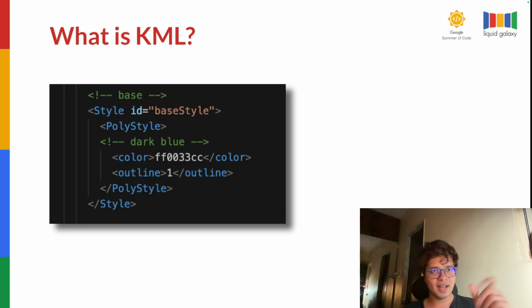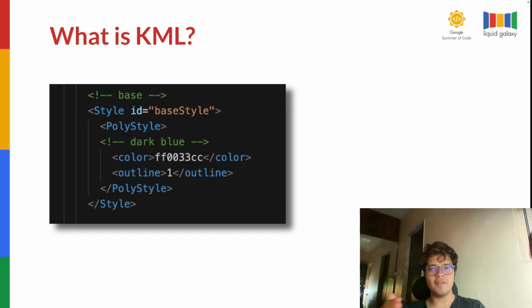Then there's the color tag, that determines the color of the polygon, as we had seen different colors in the KML on the first screen, right? But KML uses a different kind of format to render this, right?